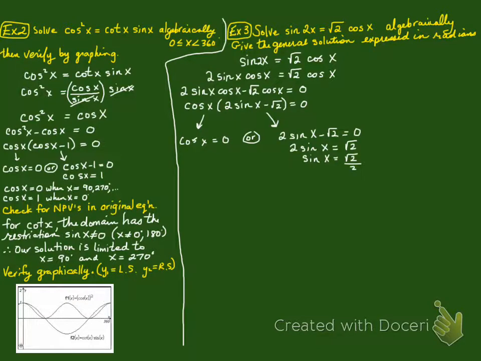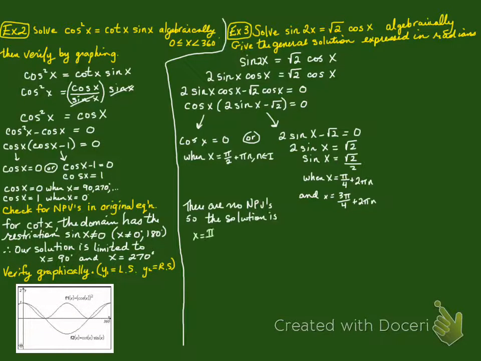The sine of x is root 2 over 2. So the first one, cosine of x is going to equal 0 when x is pi over 2 plus pi n, where n is any integer. And the sine of x is going to equal root 2 over 2 when x is equal to pi over 4 plus 2 pi n, and when x is equal to 3 pi over 4 plus 2 pi n.